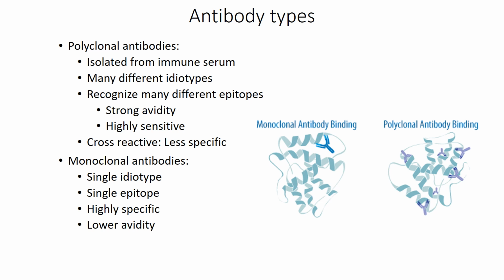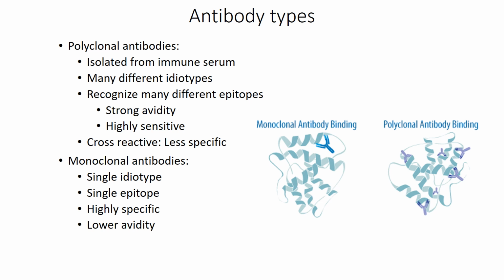In terms of testing methods, as we discussed during the immunoglobulin lecture, there are two major types of antibodies: polyclonal, which are isolated from the serum, have different idiotypes, recognize many different epitopes, and are less specific and cross-reactive.